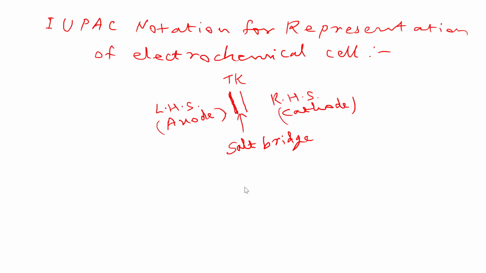Now for the complete representation, when we have these two lines, then on this side, the left hand side, just near the salt bridge, we mention the aqueous species present in the anode half cell, or we can say the electrolyte of the anode half cell. If concentration is given, we also mention the concentration in brackets with these species; we can write the concentration below the species or after a comma.